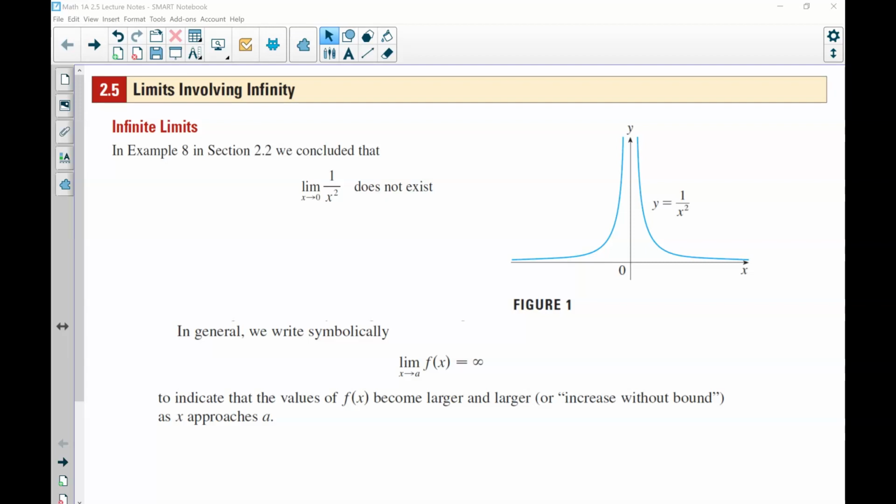It simply expresses the particular way in which the limit does not exist. So 1 over x squared can be made as large as we like by taking x close enough to 0. Again, this limit indicates the values of f of x become larger and larger, or increase without bound, as x approaches a.